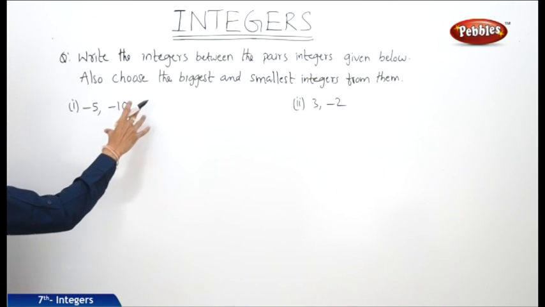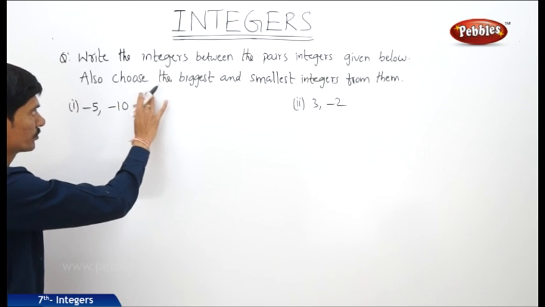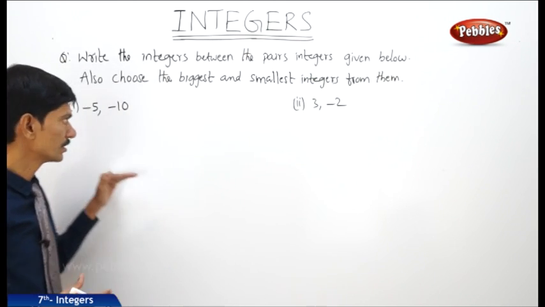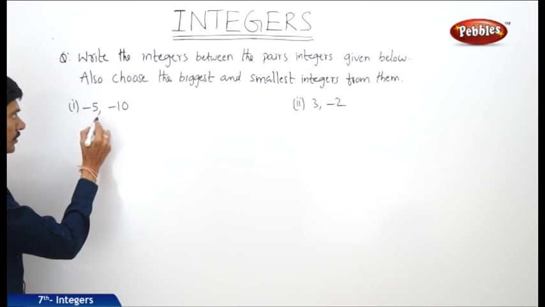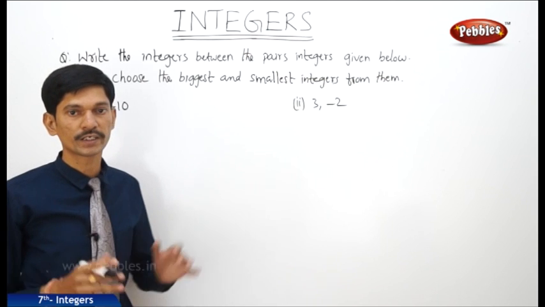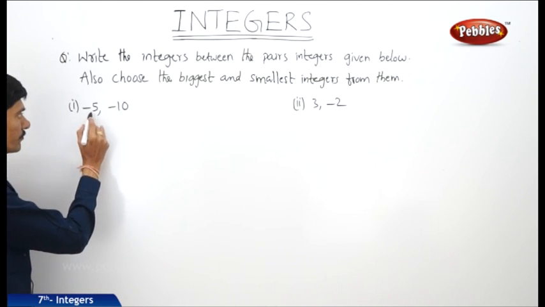Write the integers between the pairs of integers given below. Also choose the biggest and the smallest integers from them. So here in the first question, the two integers given are -5 and -10. We have to find the integers between -5 and -10.